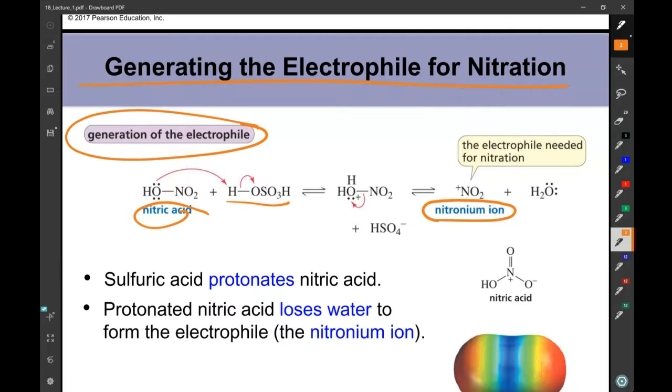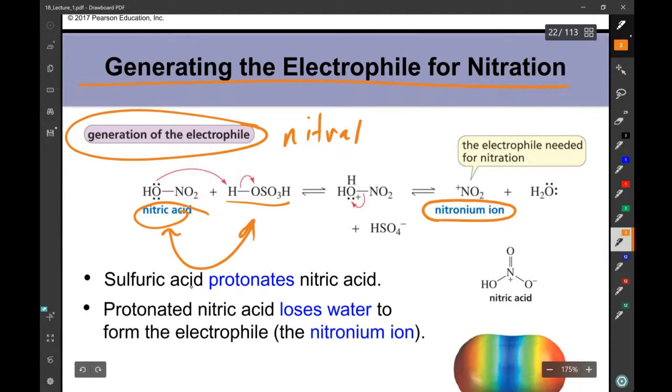And so the nitronium ion is now what acts as the electrophile. So you mix nitric acid and sulfuric acid together, and then you form the nitronium. And from your nitronium ion, you're now able to do your reaction.